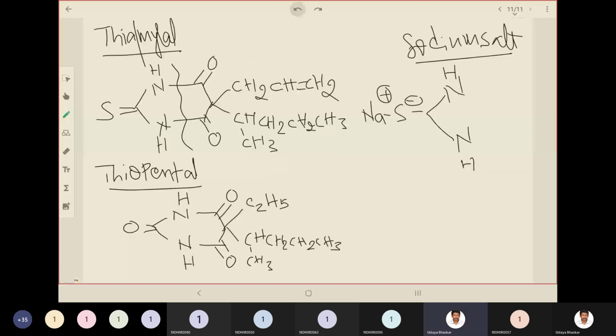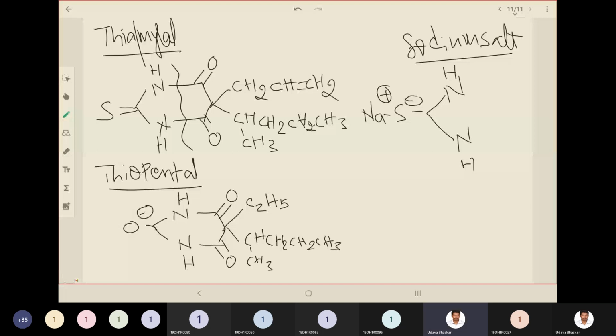But here, they called amyl as pental, and the difference is the ethyl group when you compare with that of thiamylal. So how do you write thiopental sodium? If you want to write thiopental sodium, remove one double bond here, O minus. This is sulfur instead of oxygen, thio.